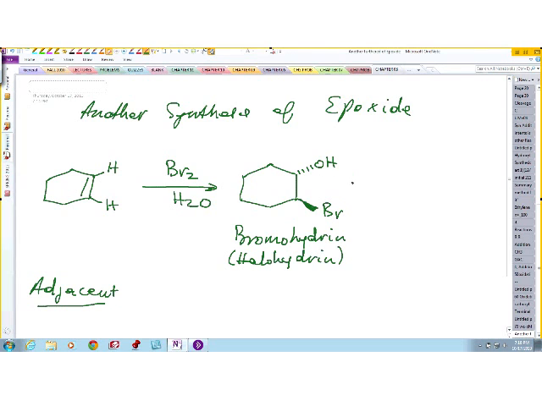Now, if you take the bromohydrin and take hydroxide, which could come in the form of sodium hydroxide or potassium hydroxide, what you get is an epoxide.